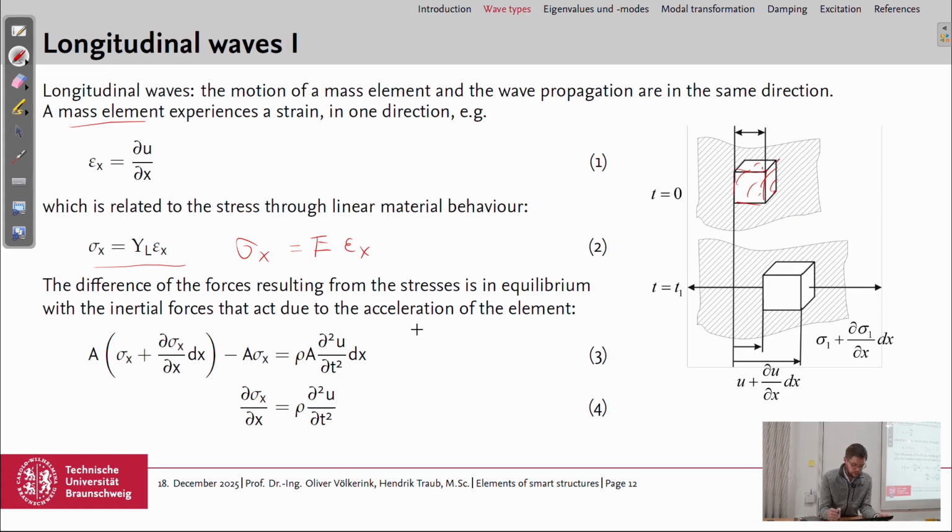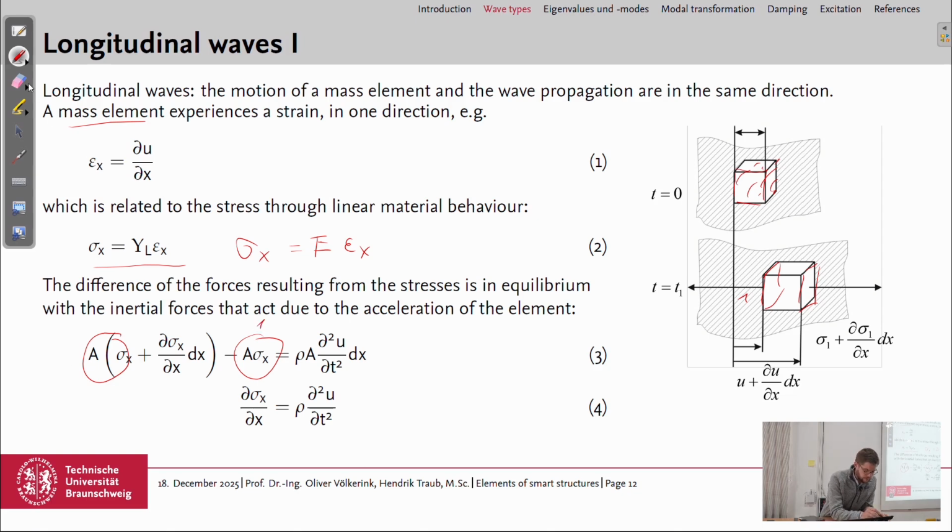Now we can have a look at the differences of the force in this cross-section and this cross-section. On the one hand, we have the force equilibrium: the cross-section A times the stress sigma x. This is the one side here.